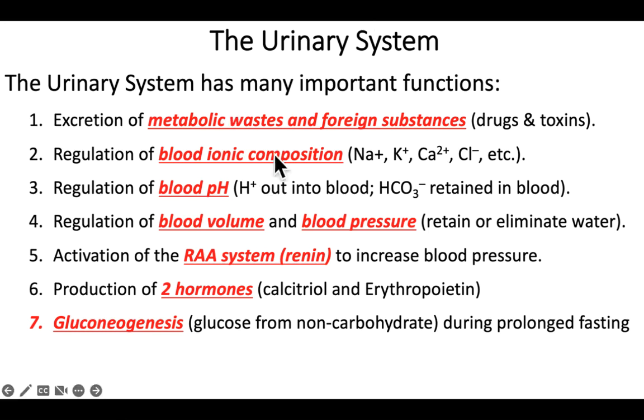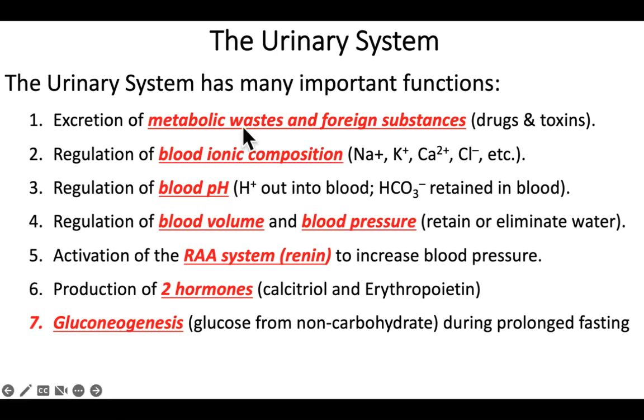So we do this with ions, so sodium, potassium, calcium, chloride, and so on are regulated by kidneys. pH is a big one. pH is a really important topic in this chapter as well as in the next chapter. So kidneys are going to help make adjustments if necessary to the pH of your blood.